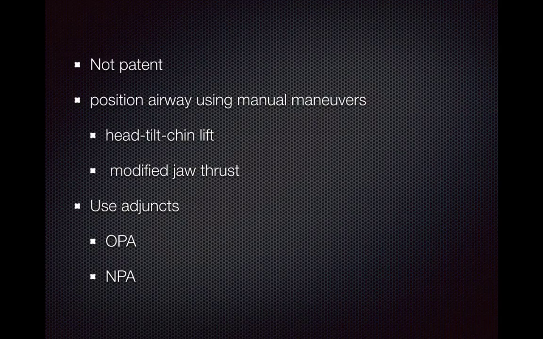So we're professionals, so we should be using these adjuncts as needed to ensure patency. And as needed means if you're going to a more advanced maneuver, such as a bag valve mask or an intubation, you shouldn't pass through OPA or NPA land without giving it a stop and giving them a shot.